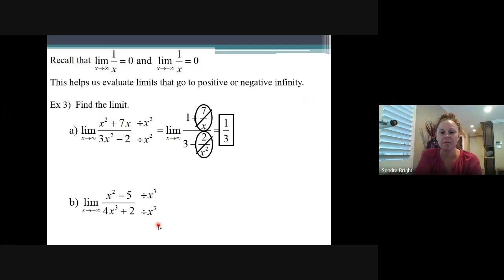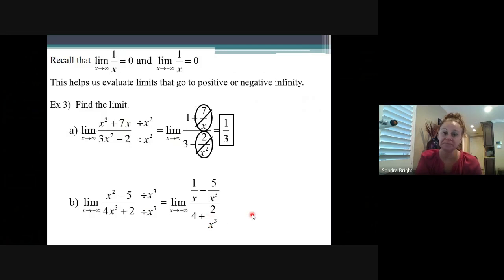So dividing top and bottom by x cubed gives me the limit as x goes to negative infinity of x squared divided by x cubed, which leaves me with a 1 over x, minus 5 over x cubed there. 4x cubed divided by x cubed leaves me with a 4, and then 2 divided by x cubed leaves me with a 2 over x cubed.